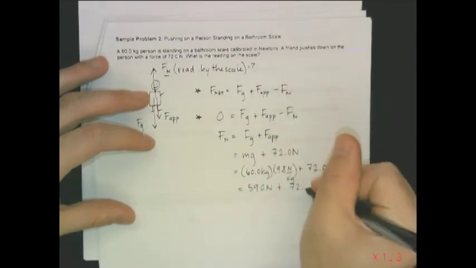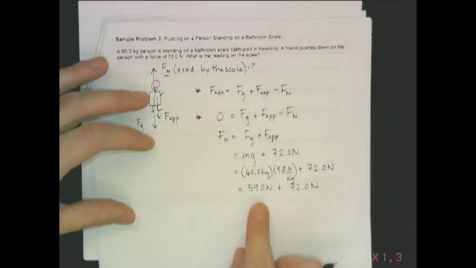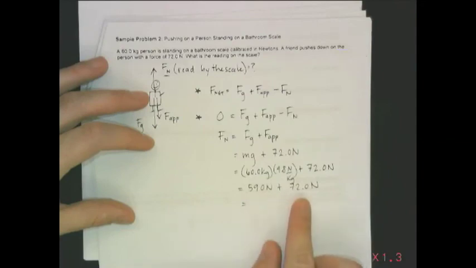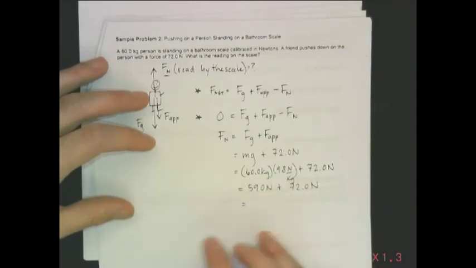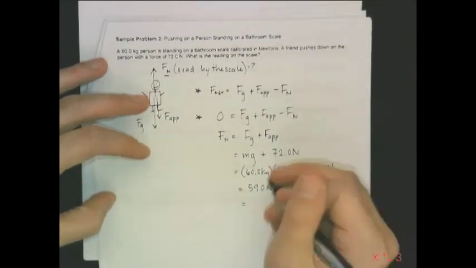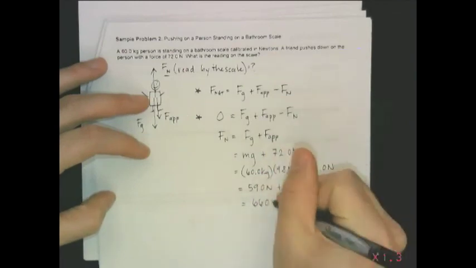Plus 72.0 newtons. No decimal place and 1 decimal place. Give your final answer to no decimal places. 590 plus 72 to no decimal places. 660 newtons.